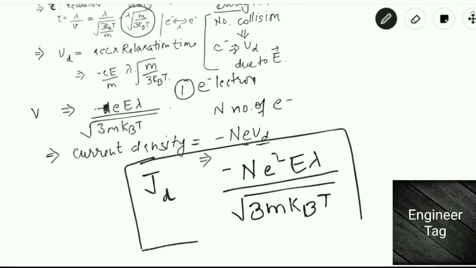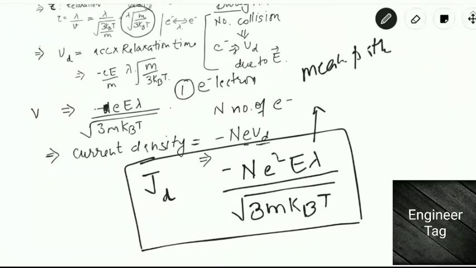So JD is found to be minus n e square into electric field into lambda, that is the mean path between two collisions, divided by under root of 3m kbt. We define conductivity as the ratio of current density and electric field.